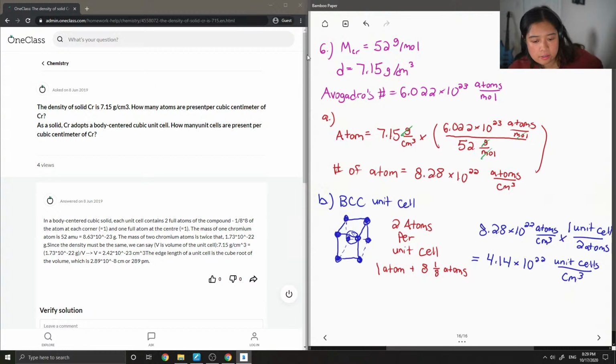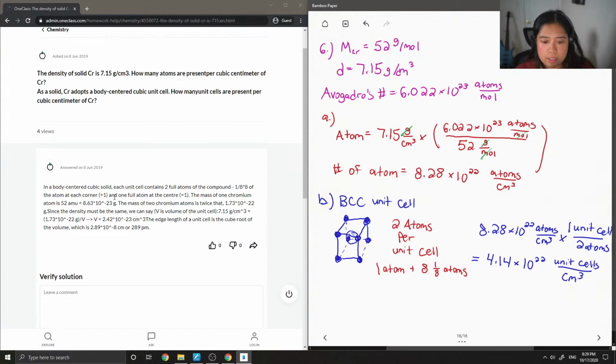Okay, so let's see the answer of our junior tutor. In a body-centered cubic solid, each unit cell contains 2 full atoms of the compound. And then they have the same kind of math, so 1/8 times 8 of the atom at each corner equals 1, and 1 full atom at the center equals 1. The mass of 1 chromium atom is 52 AMU, and this is equal to 8.63 times 10 to the negative 23.